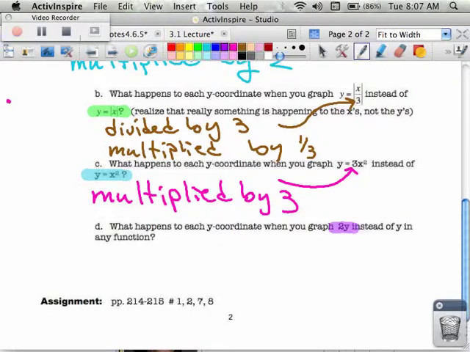And they want to know, if I multiply the y by 2 instead of the x thing, what actually happened to the y value? And when we put it with the x, that would have been a 2x. We would have said every y value was multiplied by 2. But now it's with the y. And remember, we always want to get the y alone. So instead of being multiplied by 2, every y value is divided by 2.